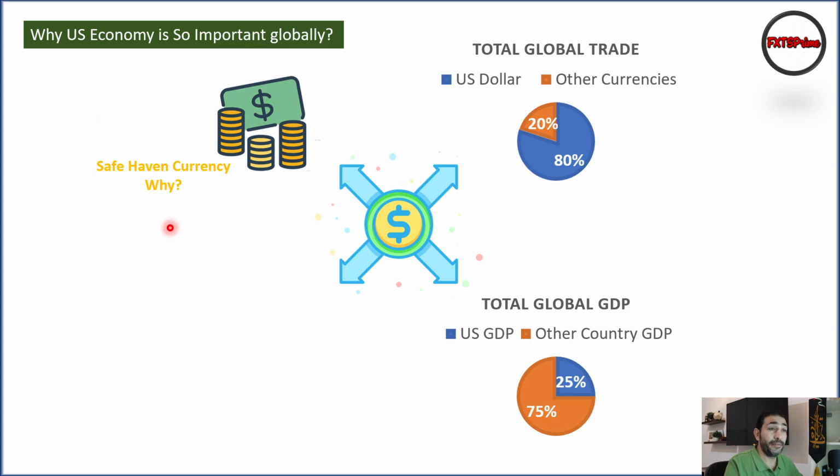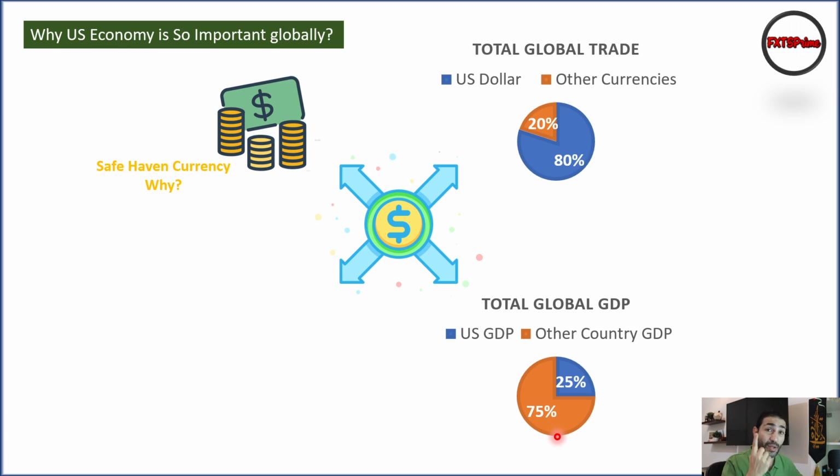The second reason why the US dollar is the safe haven currency is that the US market, or the US GDP, gross domestic product, contributes 25% of the global GDP. That means of all the world's production, the US has 25% of it, and that is a huge amount.